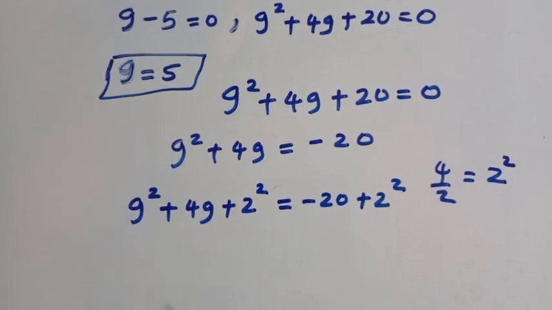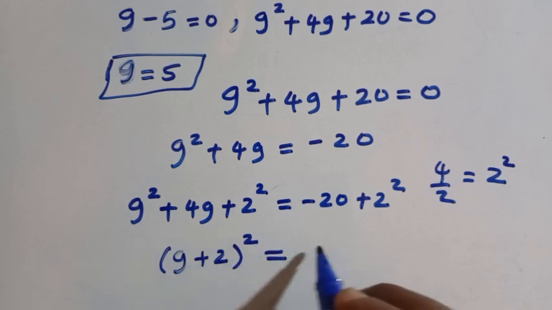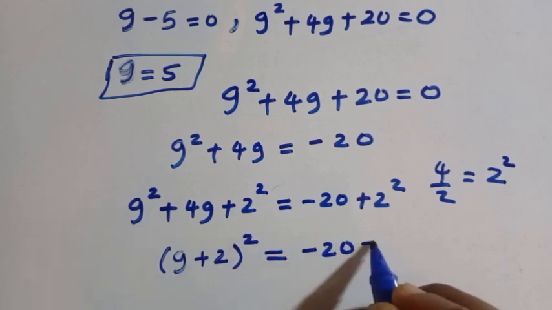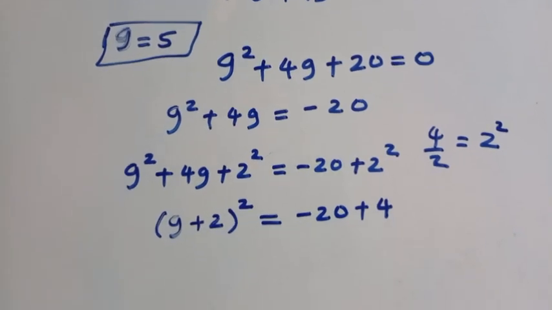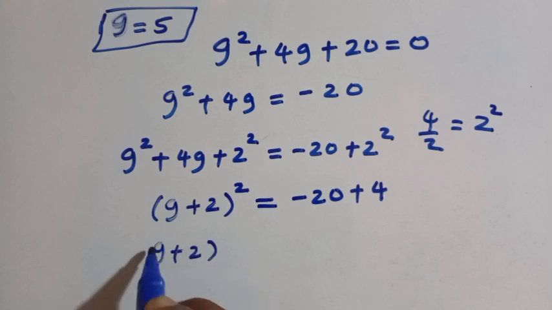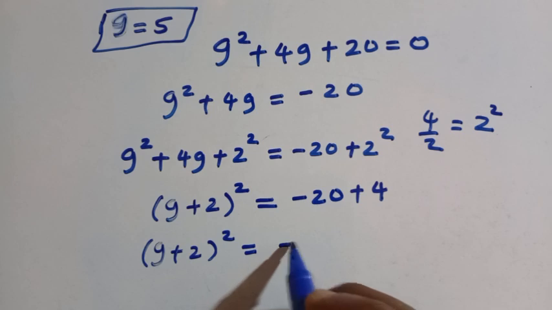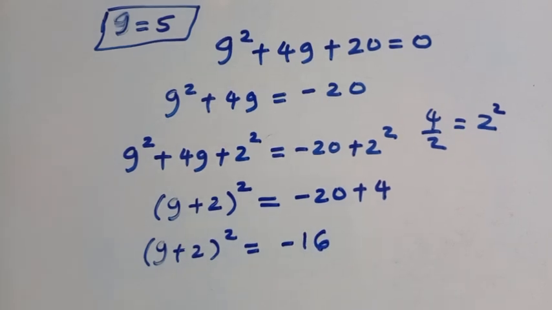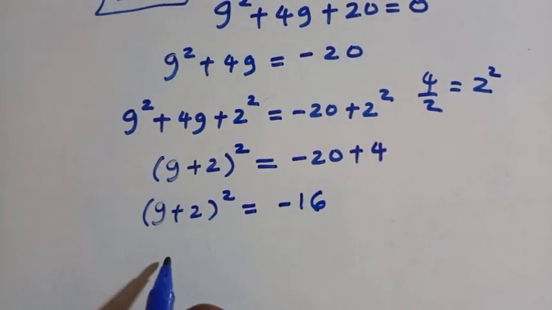And then, when we compress this, we are going to have g plus 2 squared equals minus 20 plus 2 squared, that is 4. And then we have g plus 2 squared equals minus 20 plus 4, that is minus 16. And we have to take the square root of both sides.